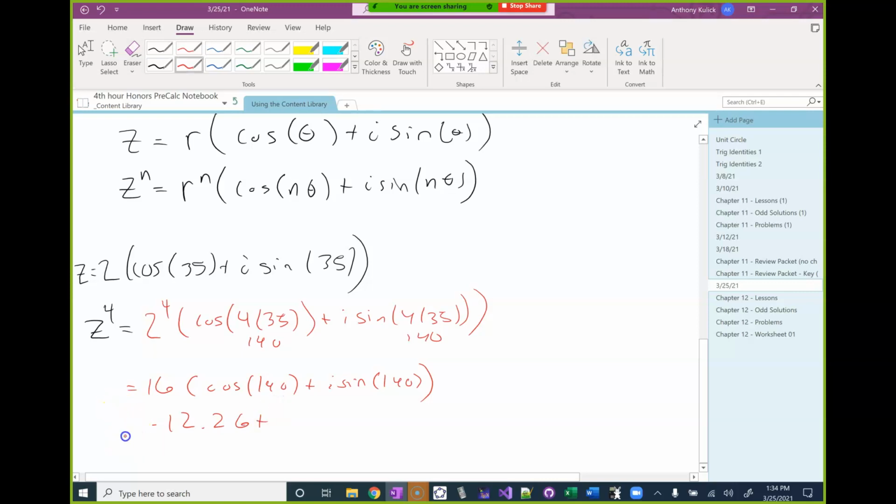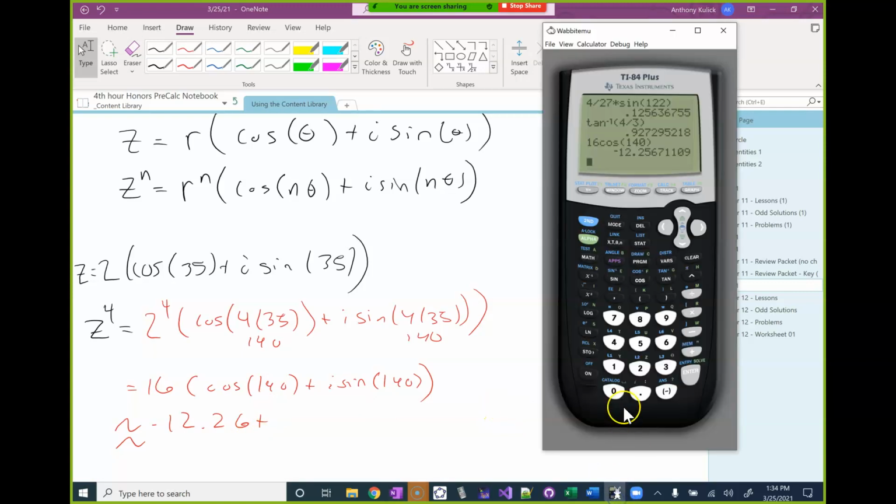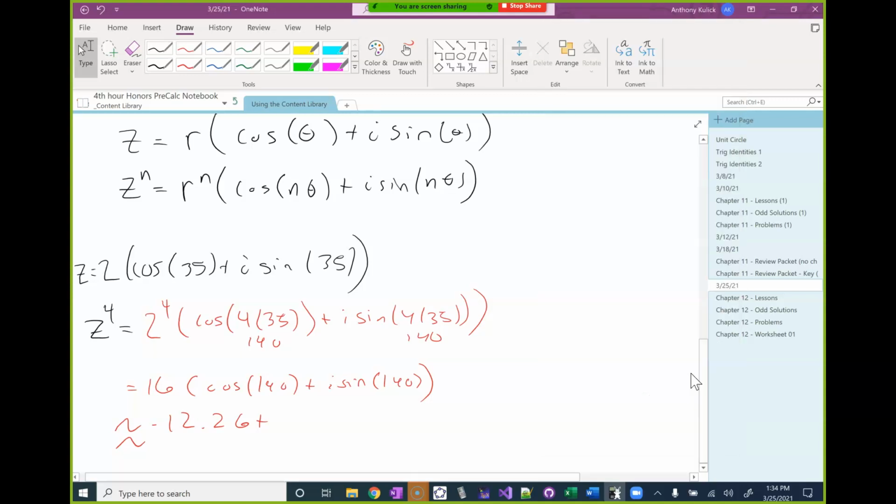I guess I should say approximately. And then I'll do 16 times sine 140. And I get 7.71. That's it. So there's trig form and standard form.